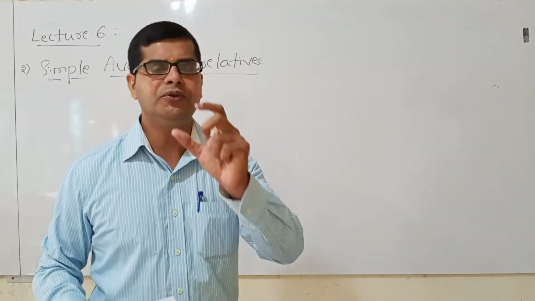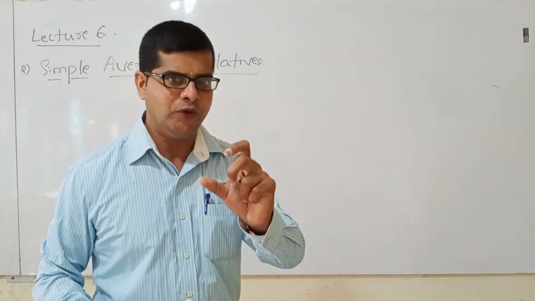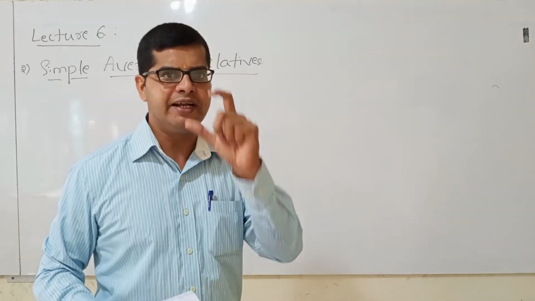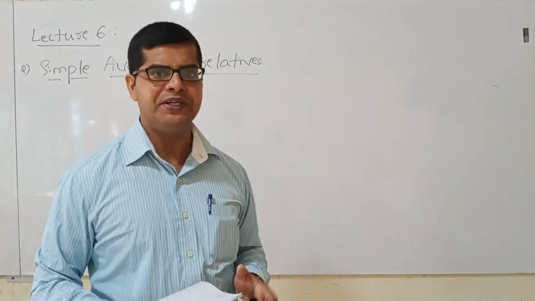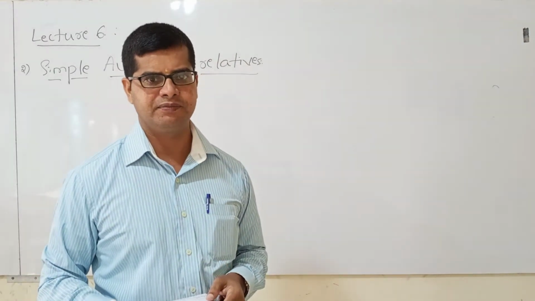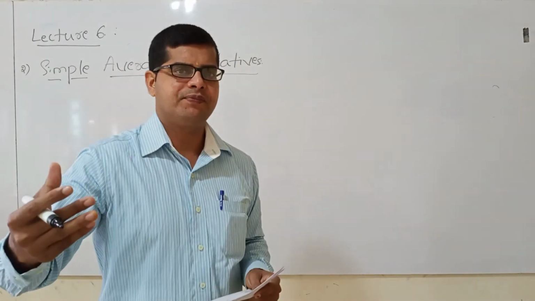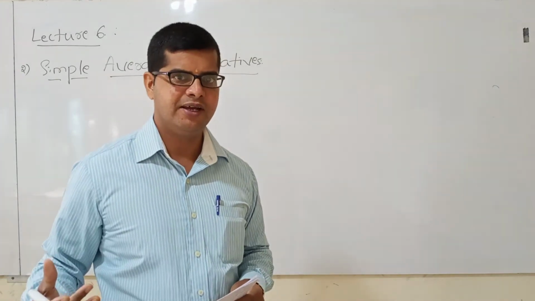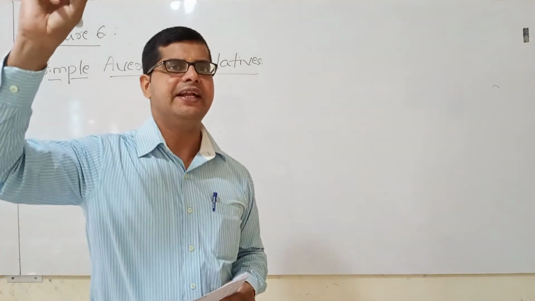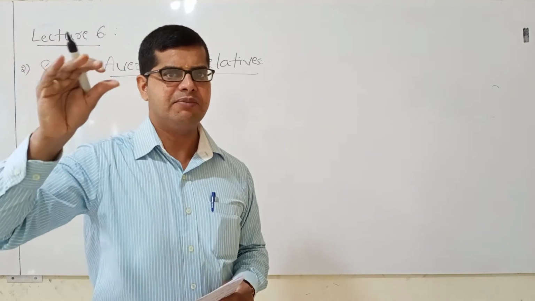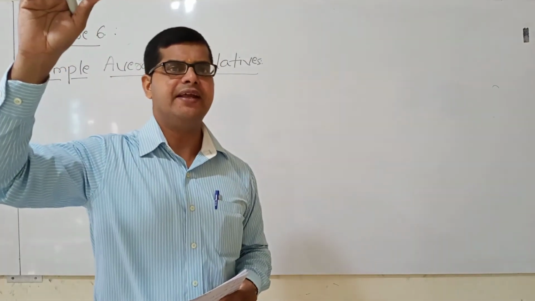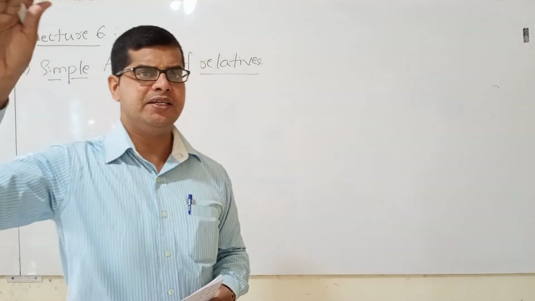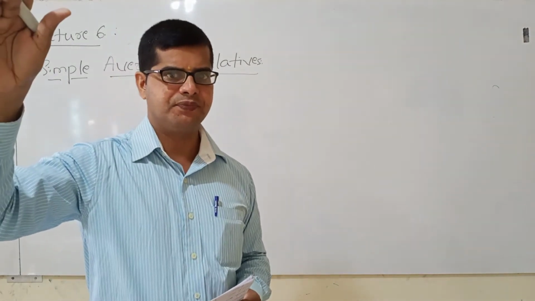So how to calculate price relative change under this simple average of relatives method? We have the formula everywhere because we have given the heading. All these we are discussing because of the first main type of index numbers, that is price index numbers.